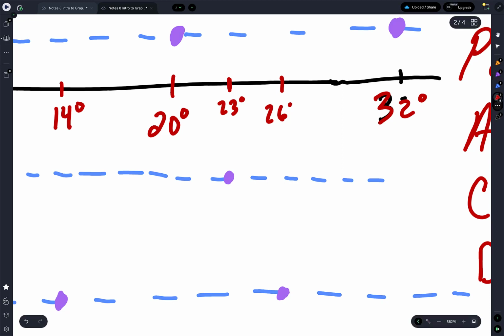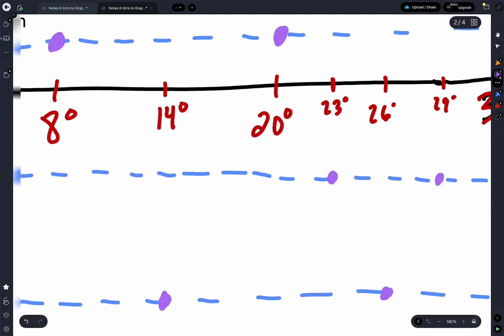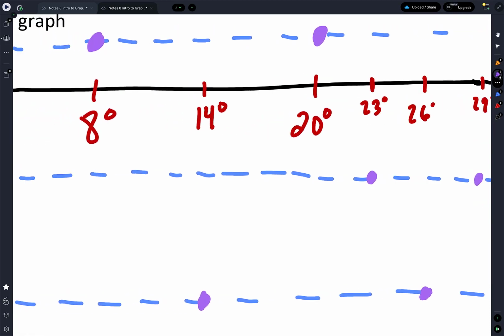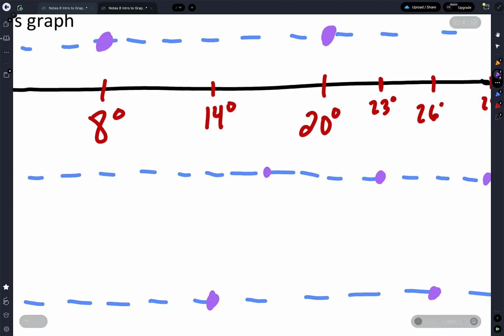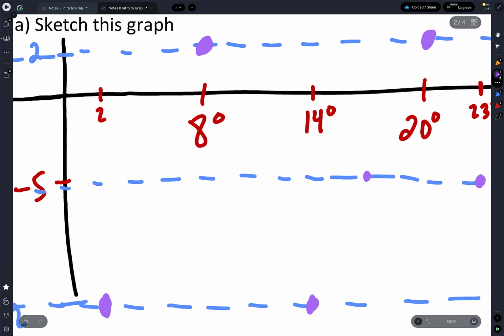At 29 degrees, 26, 19, 29, yep. At 29 degrees, put a point at the midline. Do the same thing, keep doing that. In the middle between 14 and 20, put a point at the midline. In the middle between 8 and 14, a point at the midline.